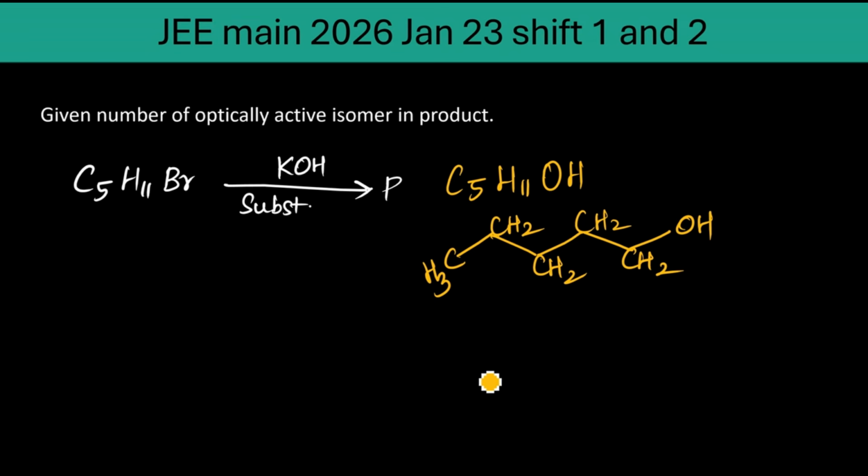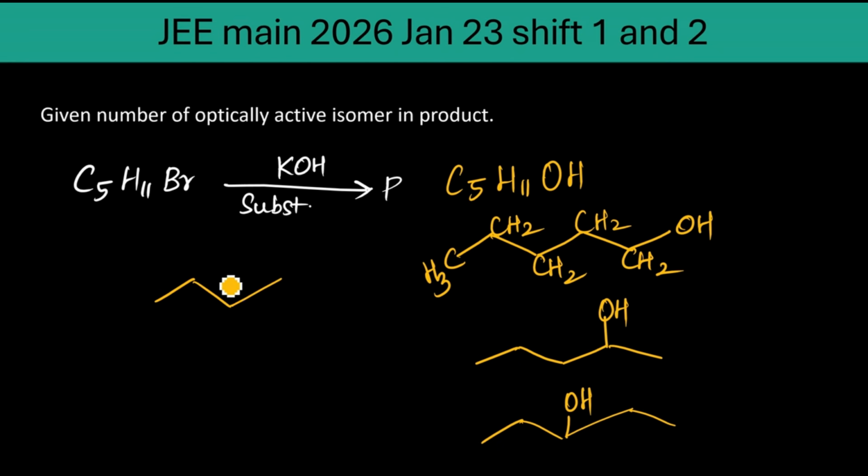So this can be an isomer, and the next one is, I can put the OH group over here, that is 2-pentanol. And the next one can be, I can fix it over here, 3-pentanol. 1, 2, 3-pentanol sorted. Let's play with the methyl group. So 2-methyl, 1, 2, 3, 4.